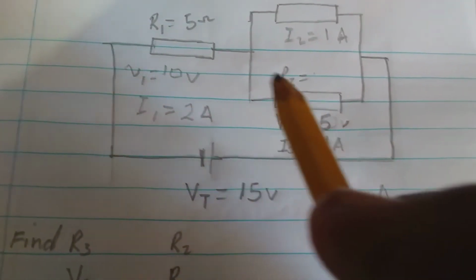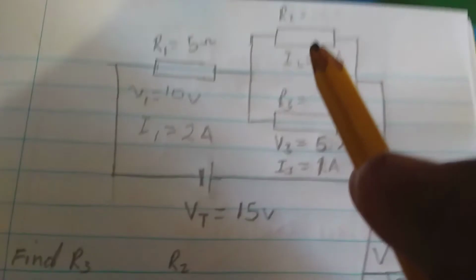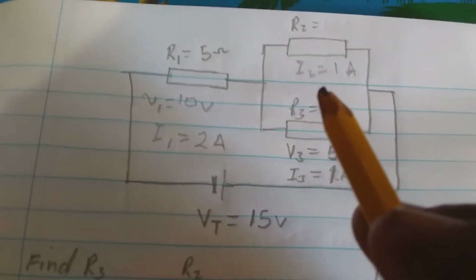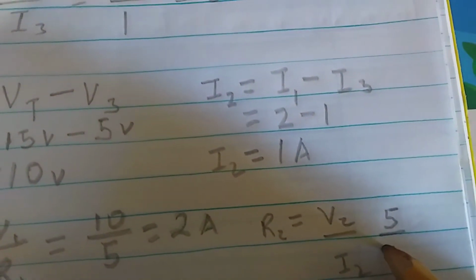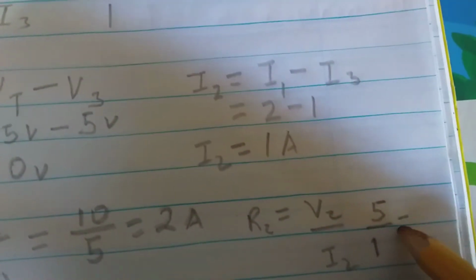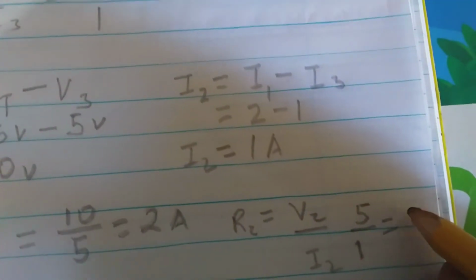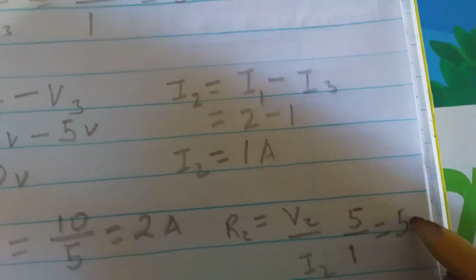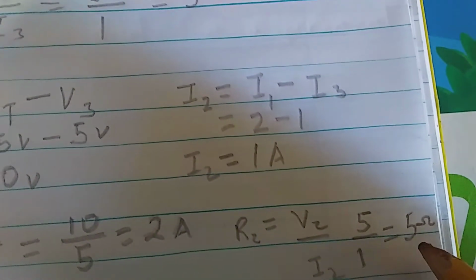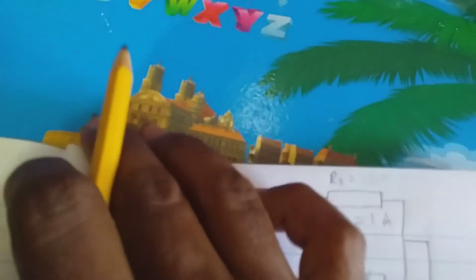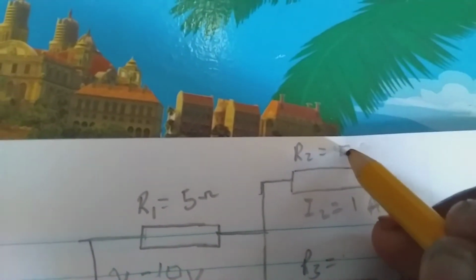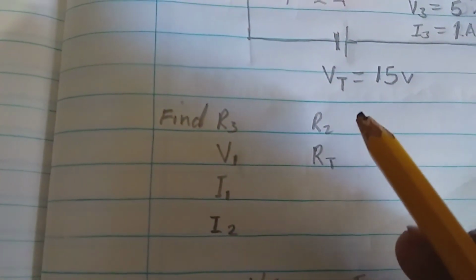So I2 is the current across resistor 2, which is 1 ampere. So we use 1. So this is equal to 5 ohms. So the resistance of this resistor is 5 ohms. So now we have R2.